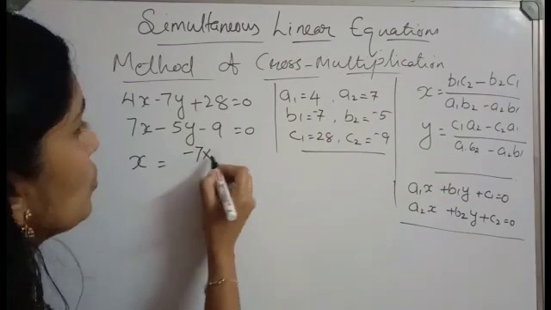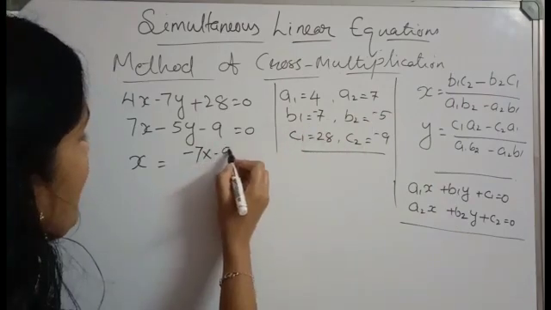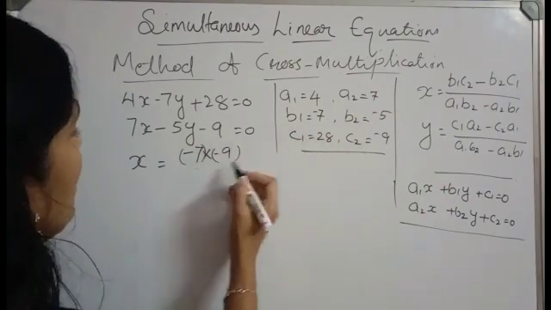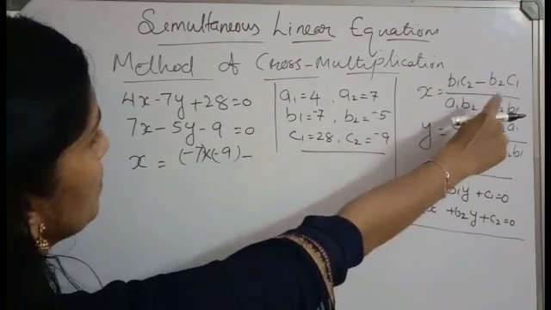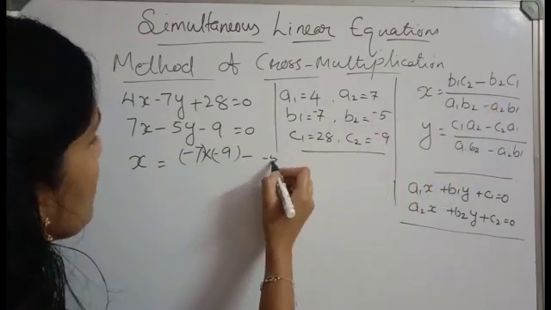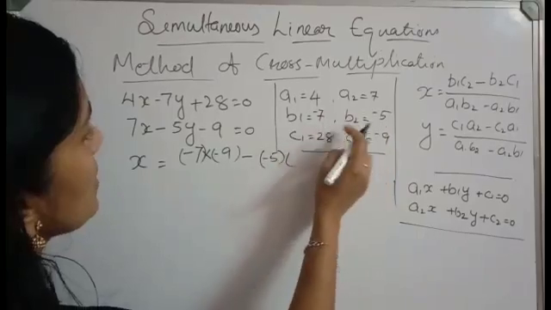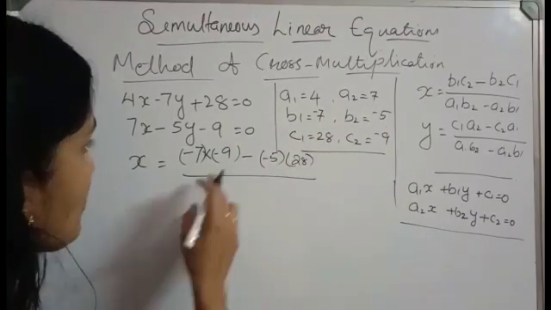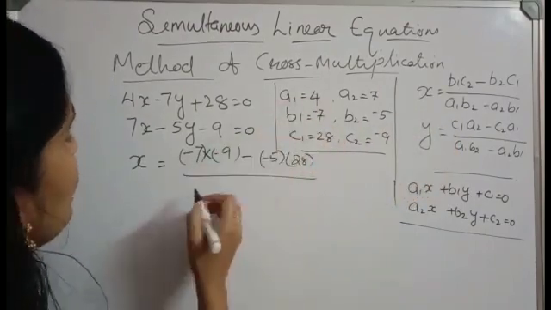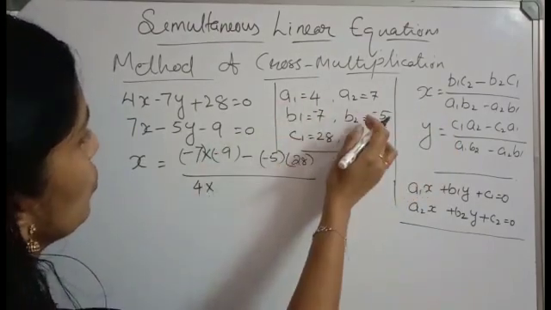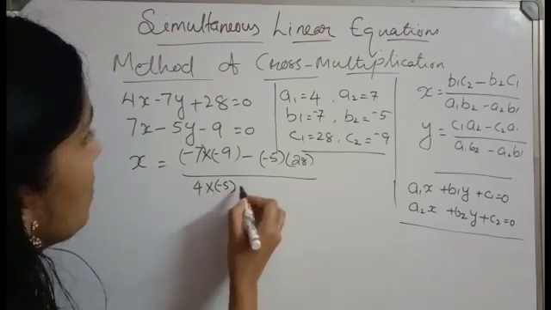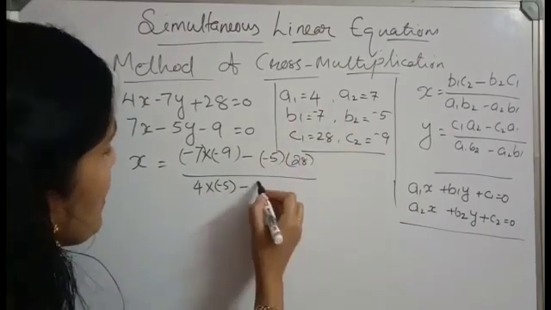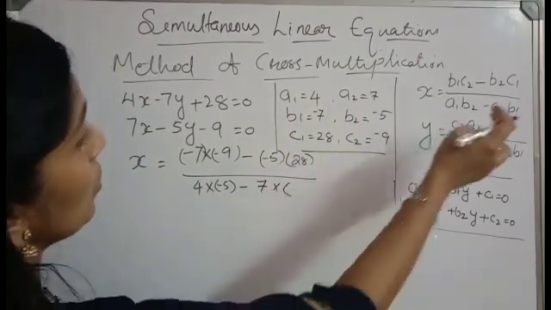Minus 7 into c2 is minus 9, minus b2c1, minus 5 into c1 is plus 28, divided by a1 4 into b2 minus 5, minus a2 7 into b1.